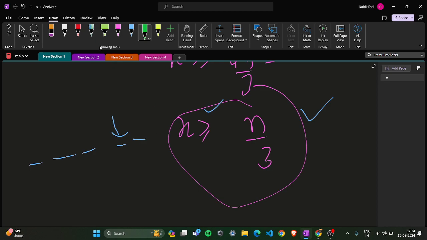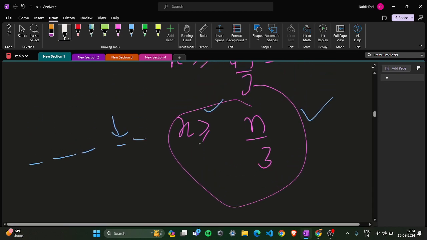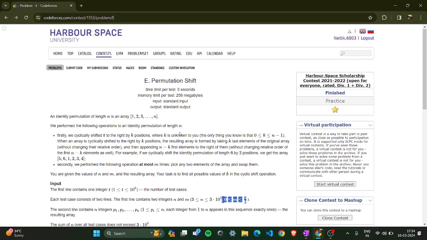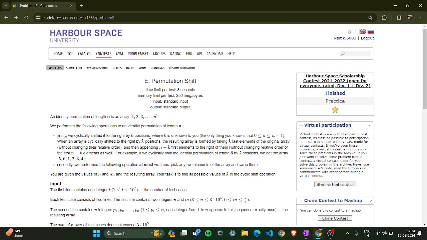So from this we got to know that we'll require at least n by 3 elements at their desired position. Now let's look at the cyclically shifting part.